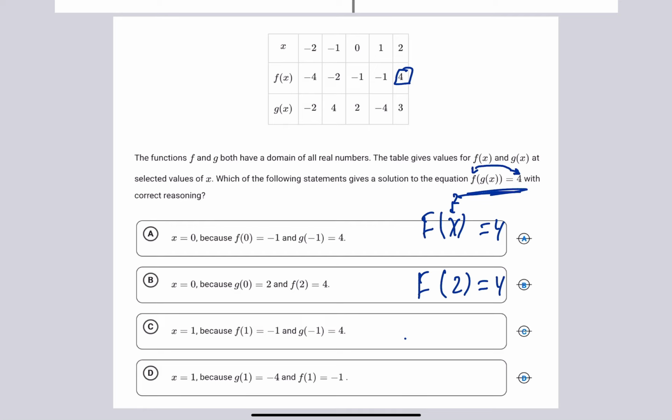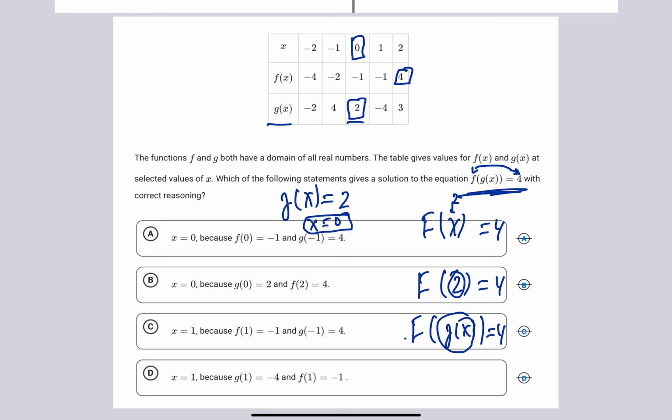And when would g of x equal 2? Let's have a look at that. That's when x equals 0. So when x equals 0, we have g of 0 equal to 2 and f of 2 equal to 4. And that's it. Isn't that true? So it's definitely option B.